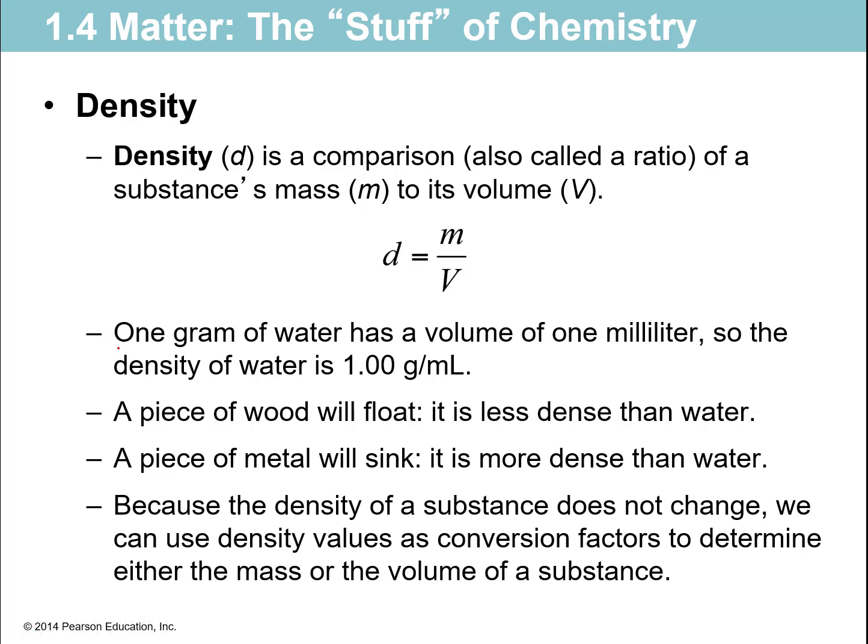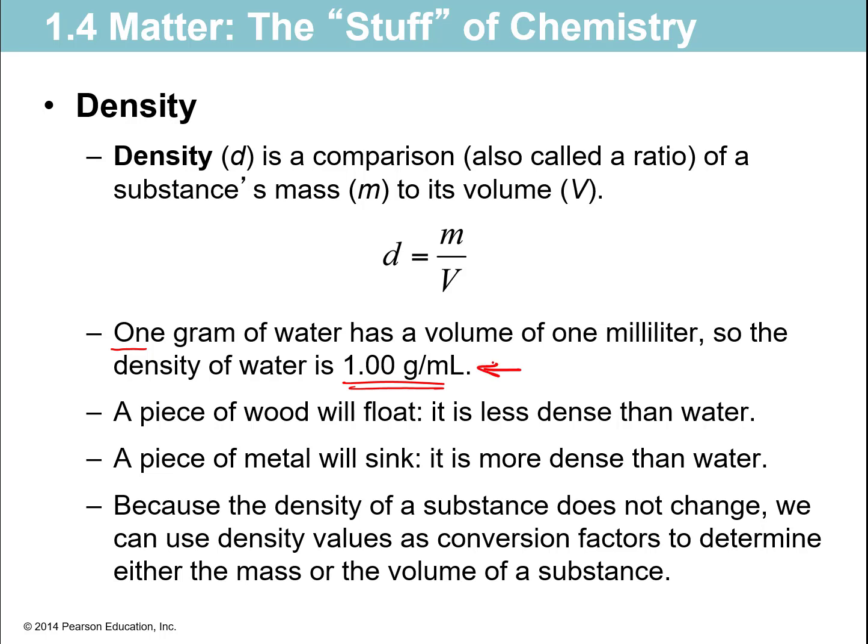Of course, they had to say, all right, we've got to make some kind of constant. So they came up with density and they said water is going to be our constant. It was one of the things that helped develop the gram. They said 1 gram of water, this sample of water, is going to weigh 1 gram, and it takes up 1 milliliter of space, and therefore its density is exactly 1.